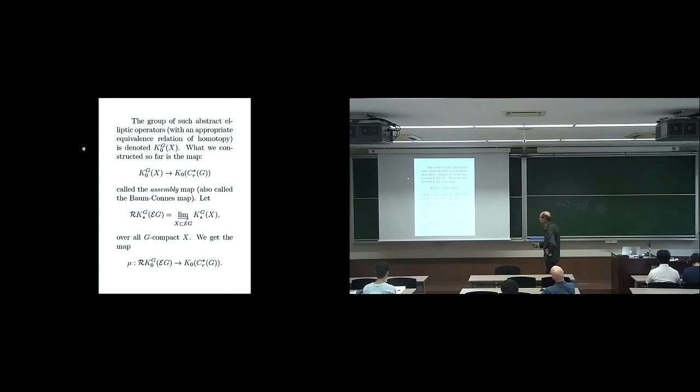By definition, it's this limit, and so you get this assembly map from a certain geometric group into K-theory of the C*-algebra. It's important that the left-hand side consists of a certain kind of abstract elliptic operators.